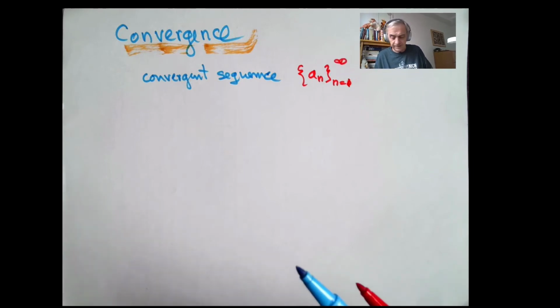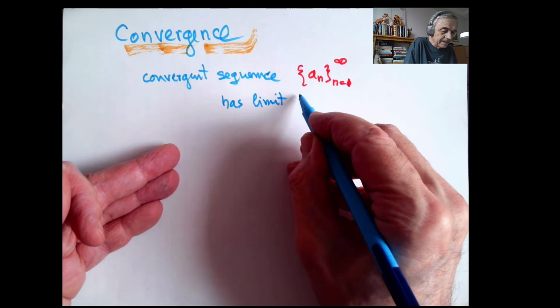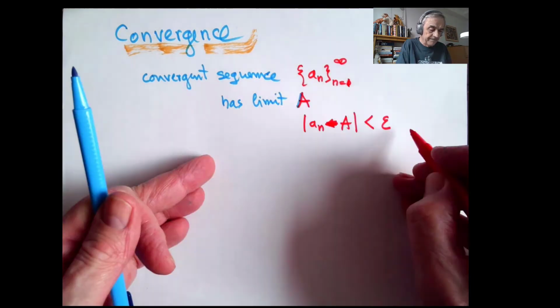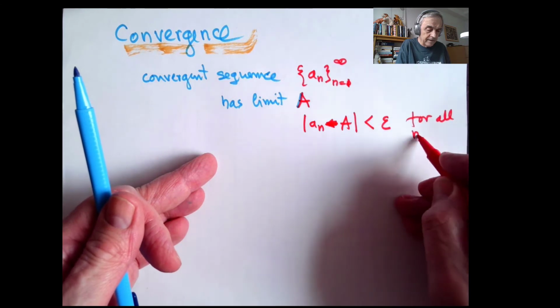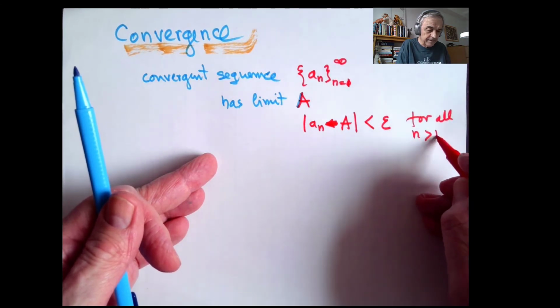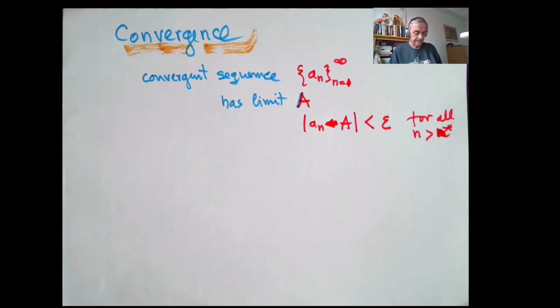The sequence is said to be convergent if it has a limit a for all n larger than some n star or something. So for any epsilon, there is a finite n such that the distance to the limiting value is bounded.